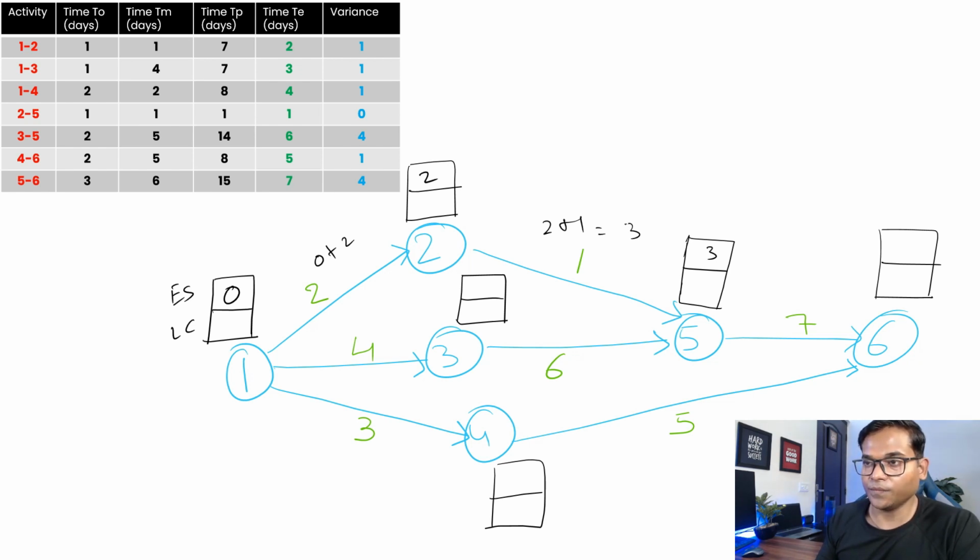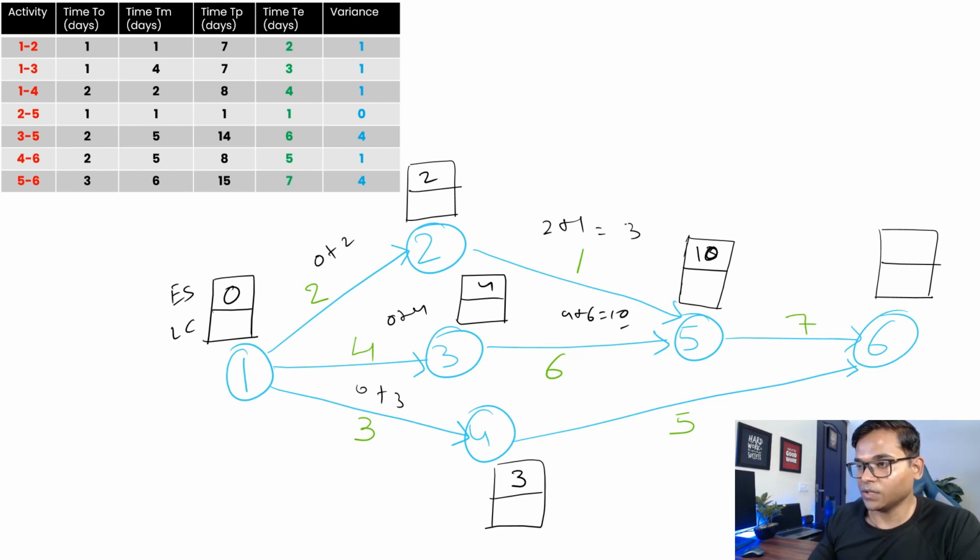If we go here, again there's 1 activity, 0 plus 4, it should be 4. 0 plus 3, this should be 3, right? And then if you move here, 4 plus 6 is 10, and 2 plus 1 is 3, so it should be 10, because there are 2 activities coming in, and 10 is the maximum, and we are doing the forward pass, right?